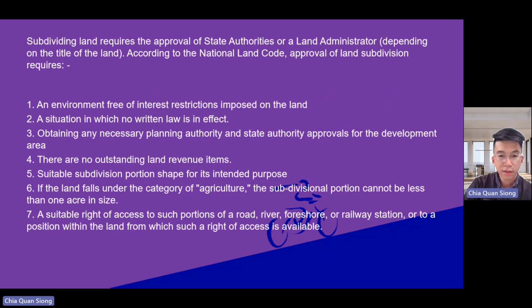If the land falls under the category of agriculture, the subdivisional portion cannot be less than 1 acre in size. A suitable access to such portion by road, river, foreshore, or railway station, or to be in a position within the land from which such a right of access is available.